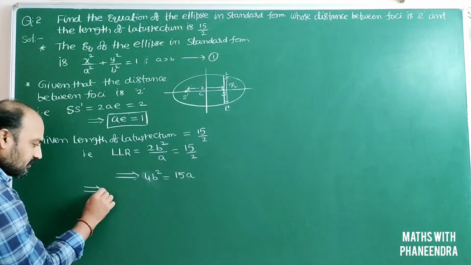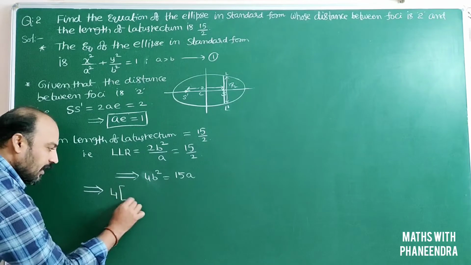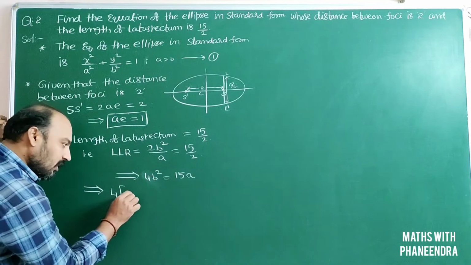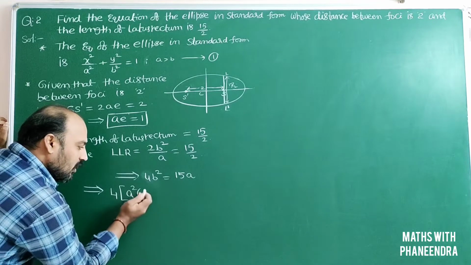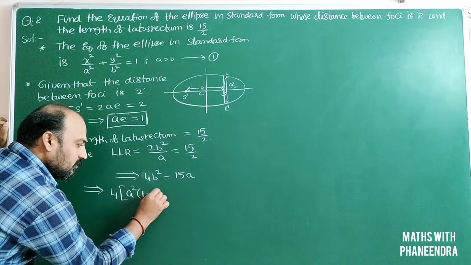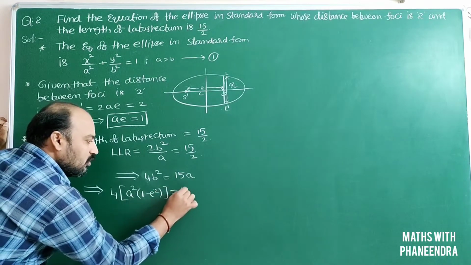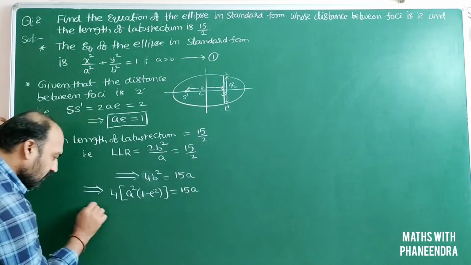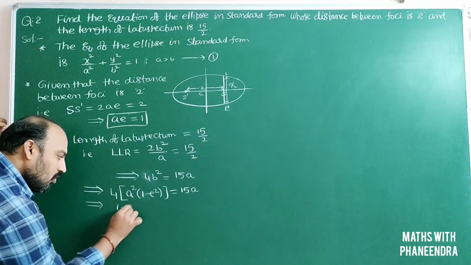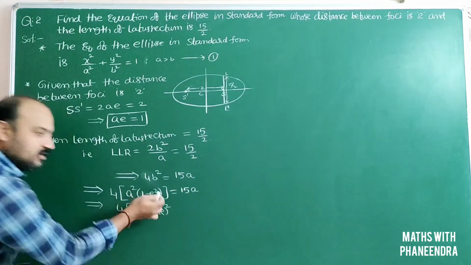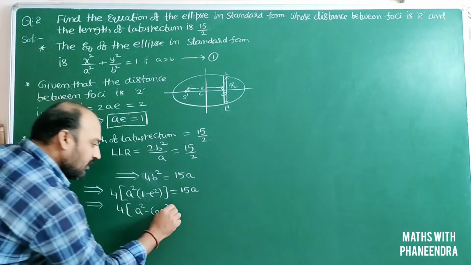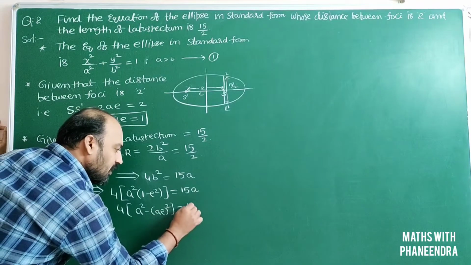That implies 4 into, keep bracket, b square formula, a square into 1 minus e square is equal to 15a. That implies 4 into a square minus ae whole square, a square e square, that can be written as ae whole square, is equal to 15a.